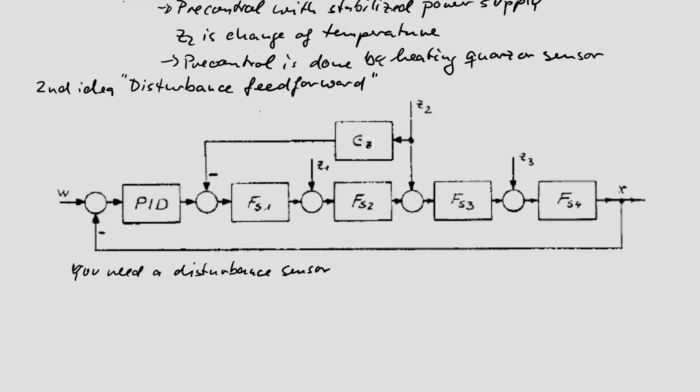So if this filter is good and fast enough, Z2 doesn't influence the input of FS3, and X is unchanged. X is undisturbed. So the controller has at this time less work. And this is faster because the way is shorter. The way is shorter, and then you can better compensate the disturbance influence. Better, faster compensation is possible.